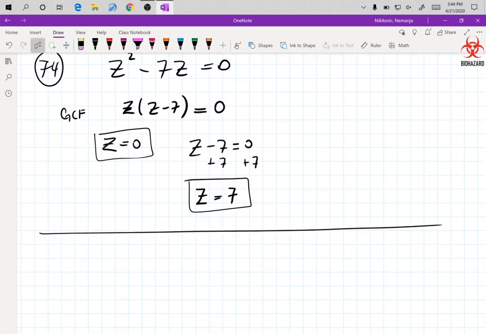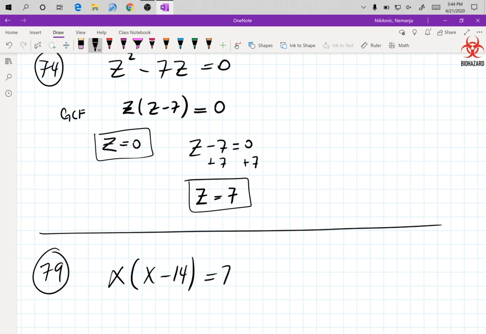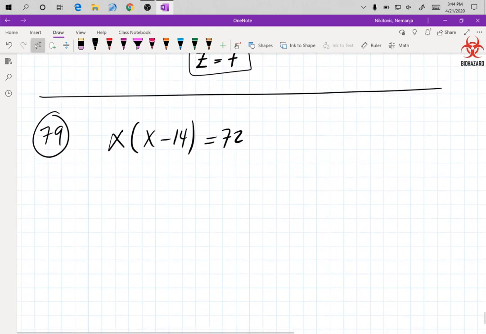So here is, see, I did this problem before. Don't have too many options here because they're mixing also the sections we skipped. So I think I did this one before, but I'll write it again and I'll use x this time. So x times x minus 14 is equal to 72. I believe I did this already, but that's fine.